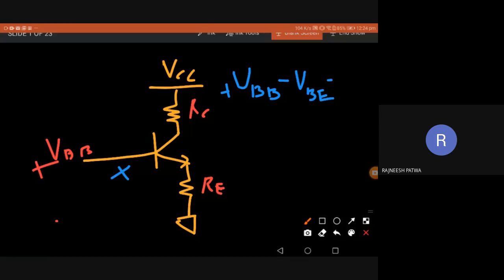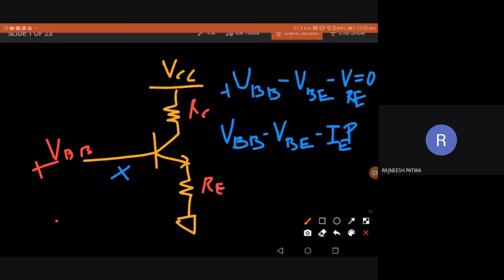That means VBB minus VBE minus VRE equals 0 according to Kirchhoff's law. VRE is IE times RE, so VBB minus VBE minus IE RE equals 0.